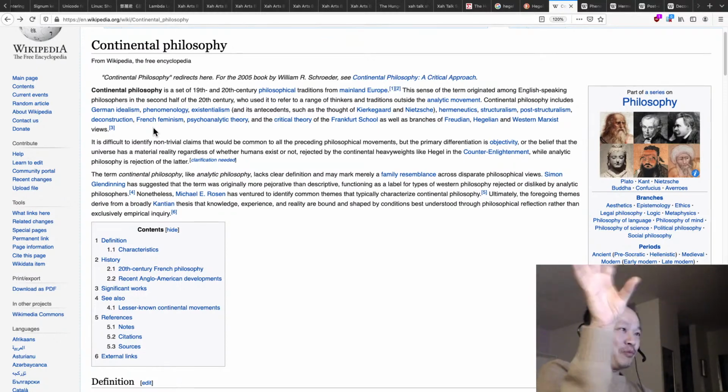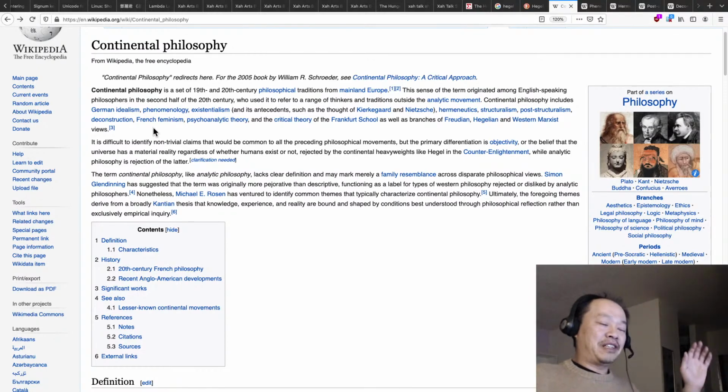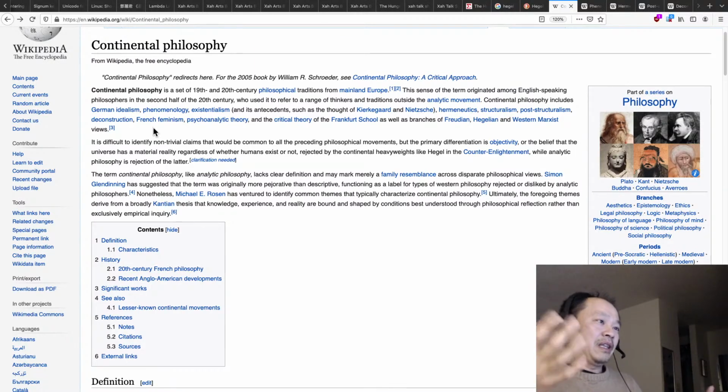So it became worse and worse. This continental philosophy, over the past 100 years, becomes worse and worse, and eventually becomes today's social justice kind of thinking. It became a pure tactic to overthrow authority or your enemy.